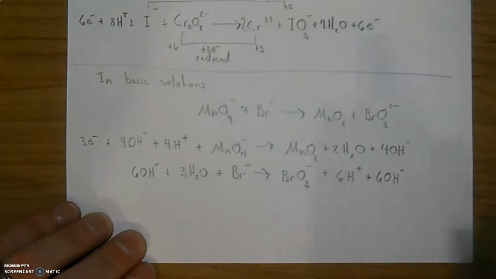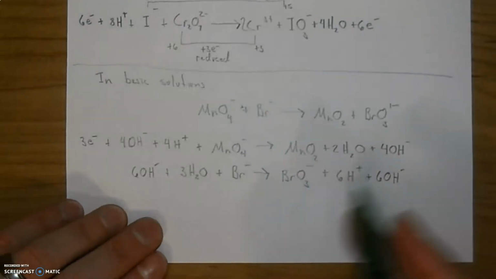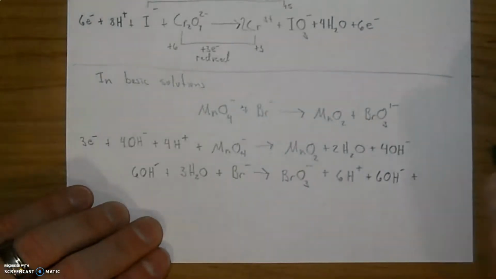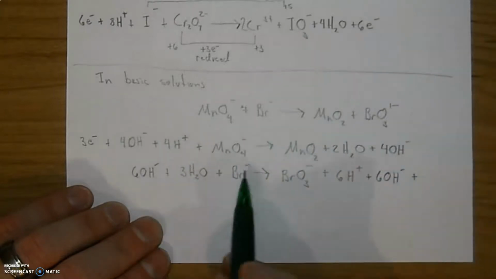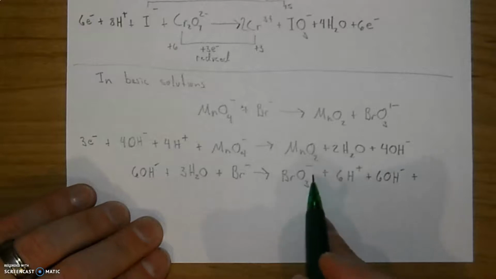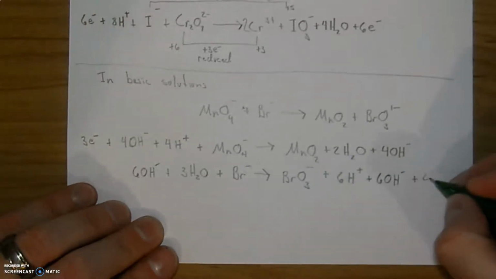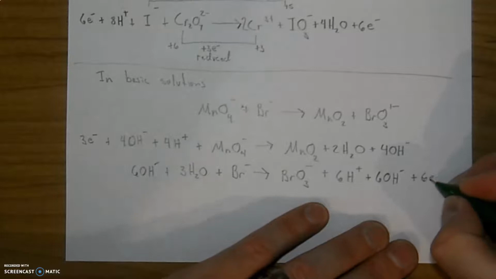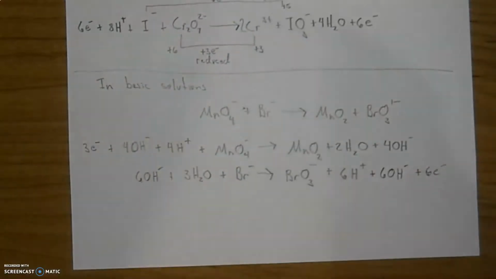Let's try this whole thing again. I think it's still going to work out to be exactly the same because that didn't change everything here, but let's find out. -7 and -1, so I need 6 electrons still because we had the same thing. It didn't change anything.